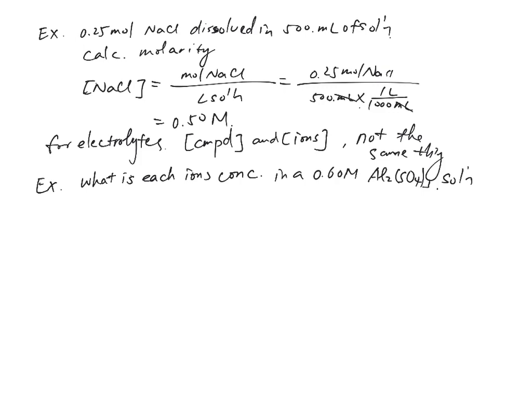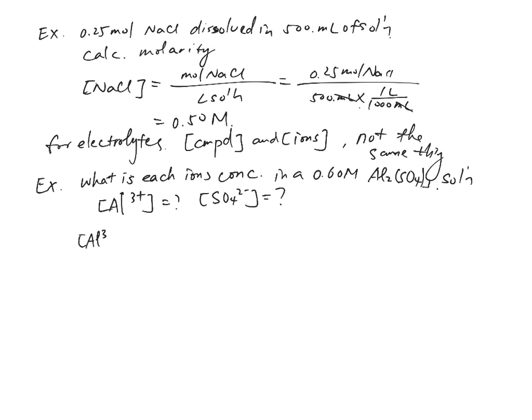Essentially we're asking you, what is the concentration of aluminum ion and what is the concentration of sulfate ion? How should I deal with that? Well, we have that number for the compound. Let's try to figure it out.